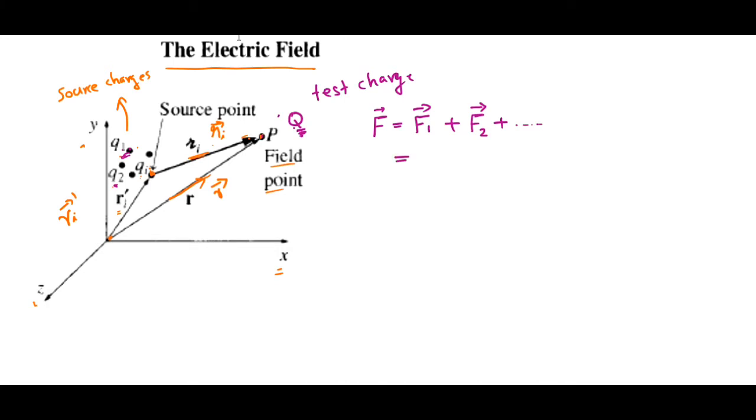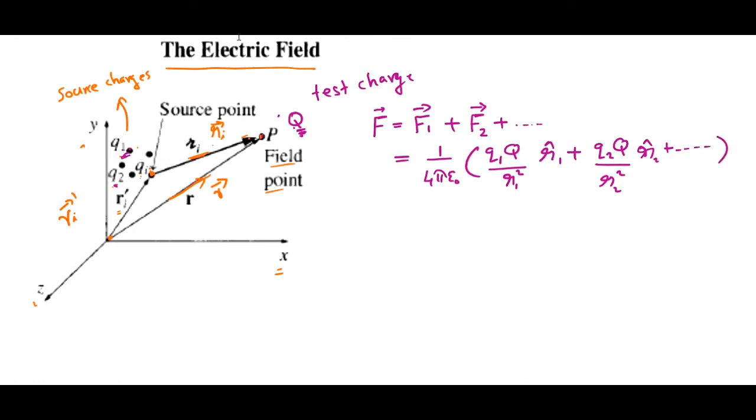Okay. This can be written using the Coulomb force we already know: 1 by 4 pi epsilon 0 times Q1 Q divided by the separation vector square, R1 square, into R1 cap, plus Q2 into Q divided by separation vector R2 square, R2 cap, and so on.